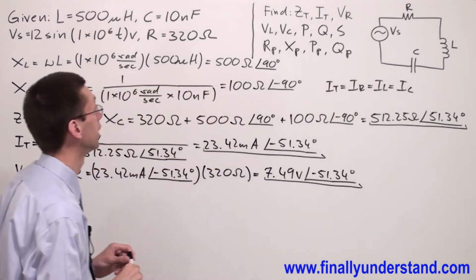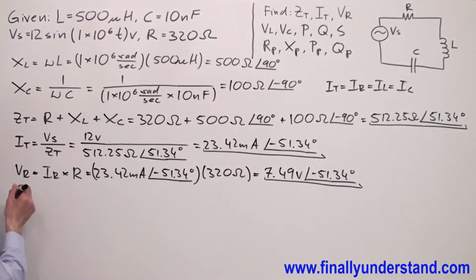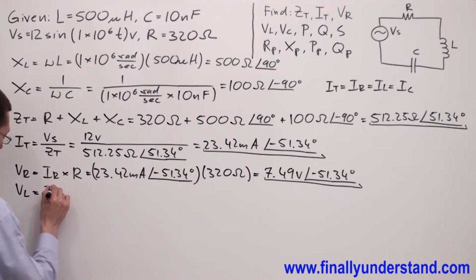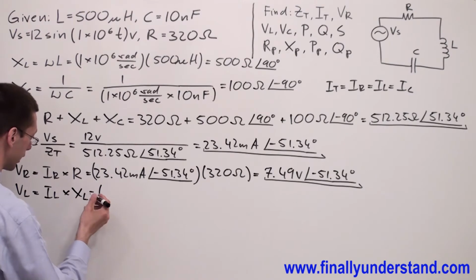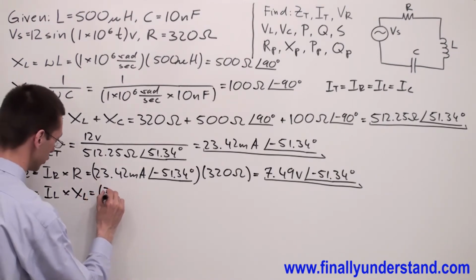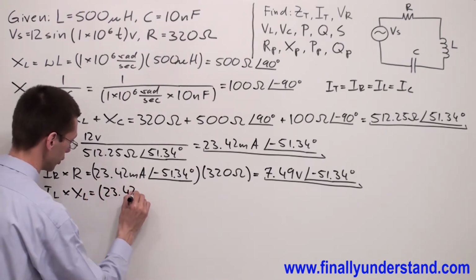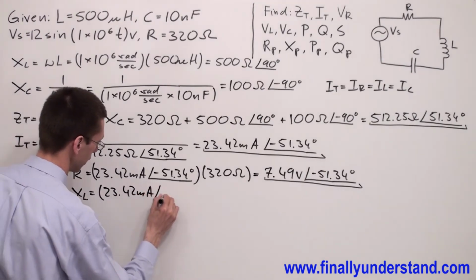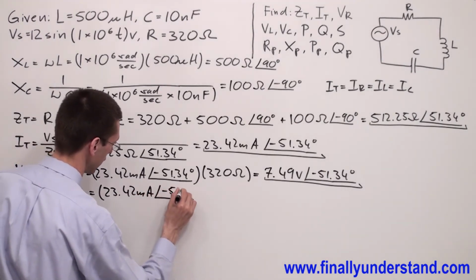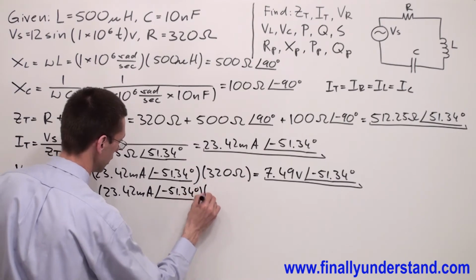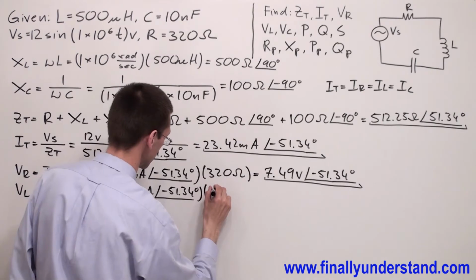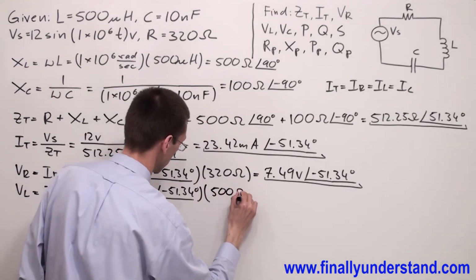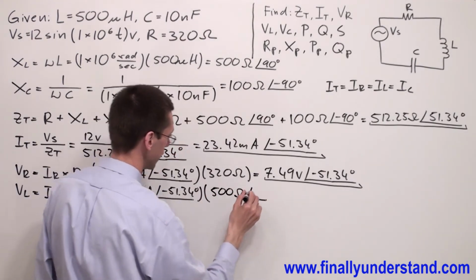Next, we're supposed to find the voltage across the inductor. Again, I'm going to use Ohm's law. VL is equal to IL times X of L, where IL is equal to IR, 23.42 milliamps and angle of negative 51.34 degrees, times X of L, and X of L is equal to 500 ohms and angle of 90 degrees.